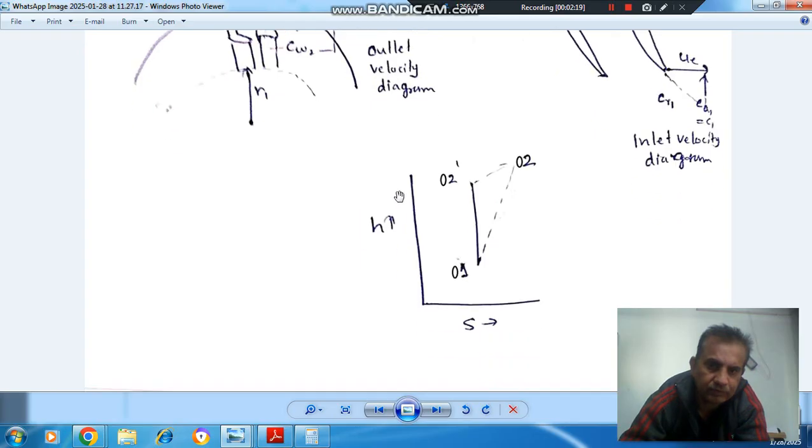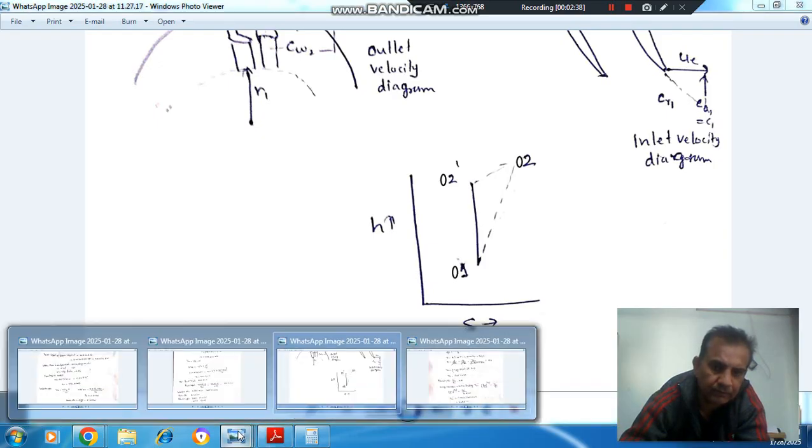And this is your HS diagram, that is the starting point, and this is your ideal isentropic process. This is the actual process from 01 to 02. 0 means stagnation temperatures. So this is the first part, and now we proceed to the numerical part.